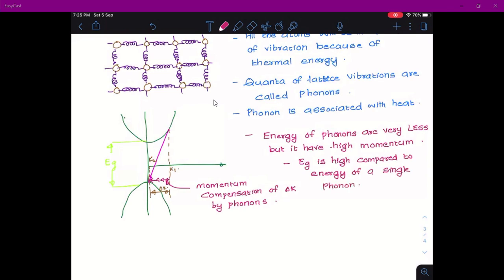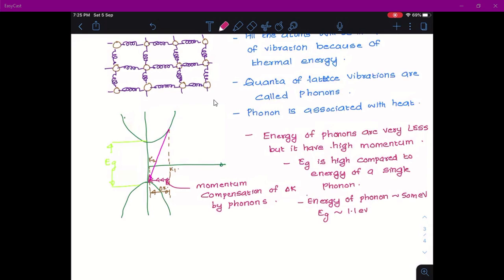The energy of a phonon is of the order of milli electron volts, approximately around 50 milli electron volts, and Eg for silicon is approximately 1.1 electron volts, which is very high.